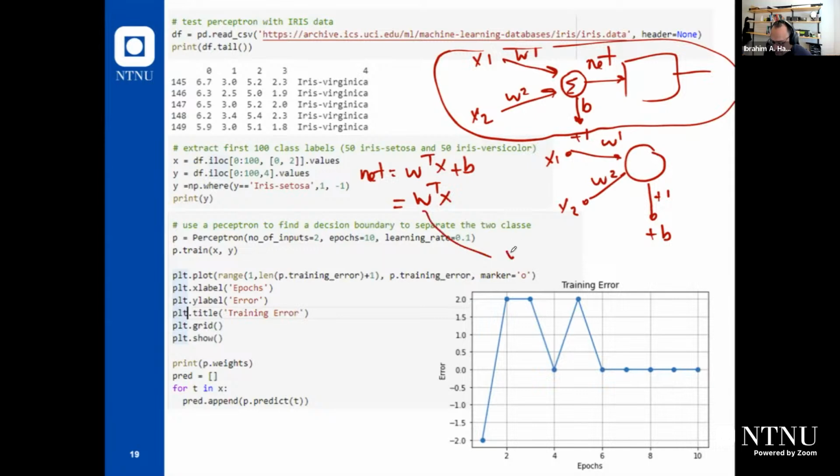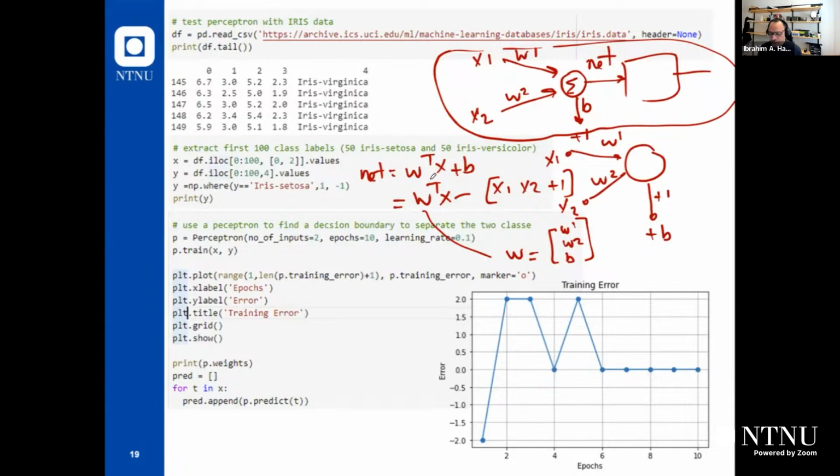In this case, omega will be defined as omega 1, omega 2, and the b you will add as a third row. And in this case, x will be defined as x1, x2, and the +1. You see? So if you want to make your model more compact, instead of writing the equation as omega transpose x plus b, you will just write omega transpose multiplied by x.